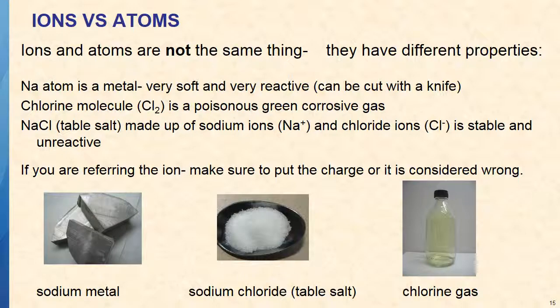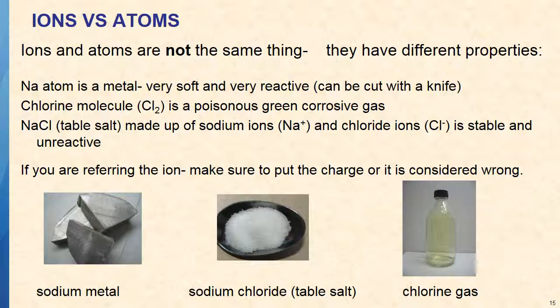Chlorine, the element chlorine, which only exists as a diatomic molecule, on the right, you can see is actually a green gas. It's poisonous. They often use that to make bleach or chlorinate water, but it's a very corrosive, poisonous gas.